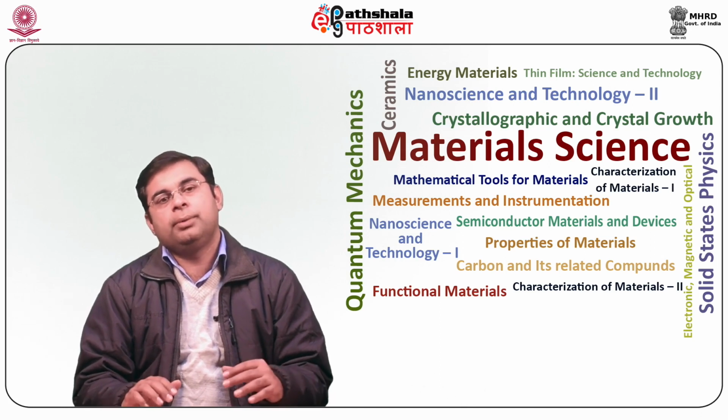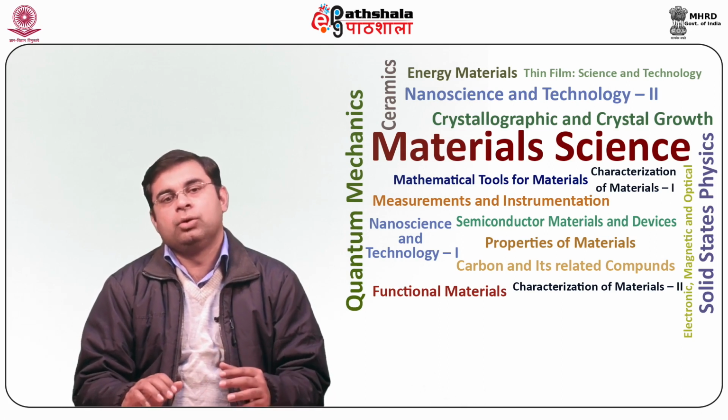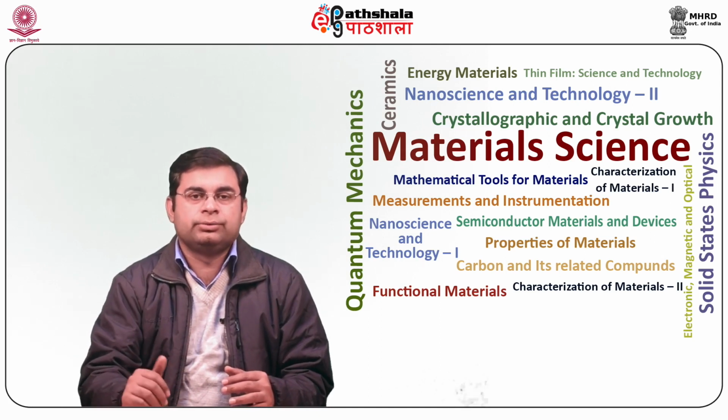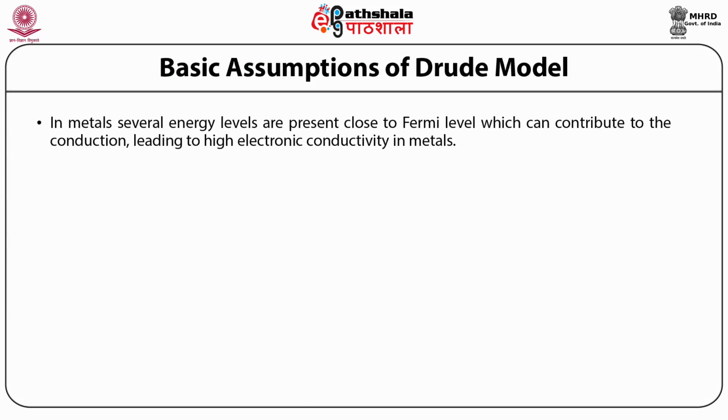Thus, they do not play any significant role in electrical conduction. In metals, several energy levels are present close to the Fermi level, which can contribute to the conduction, leading to high electronic conductivity in metals.